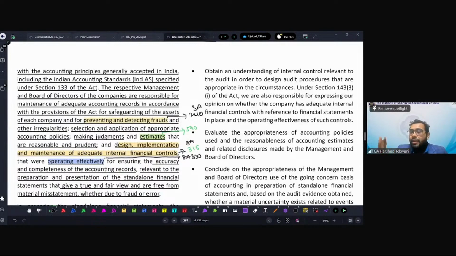To comply and to prepare the financial statements as per the applicable financial reporting framework is the responsibility of the management. We are not writing something new over here. We understand it, and we have already asked management to confirm this particular thing multiple times. Clear?